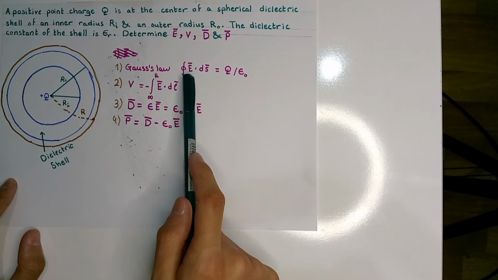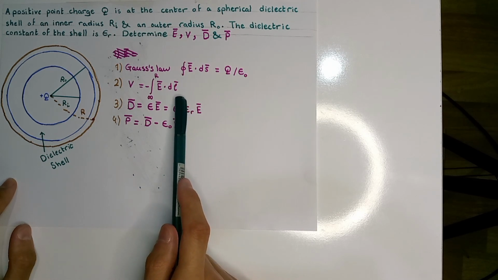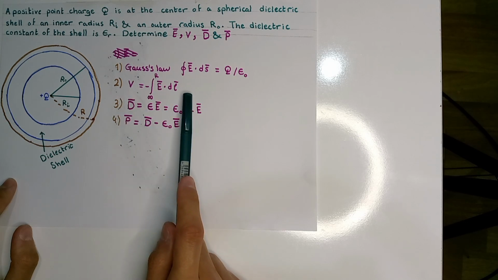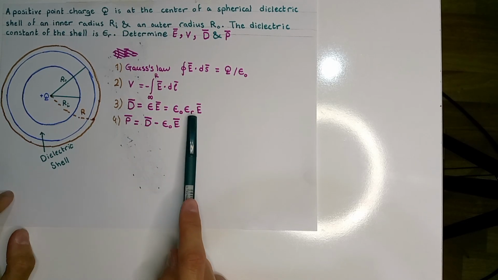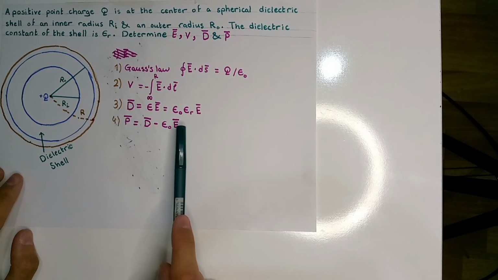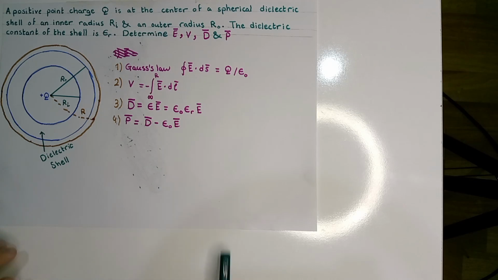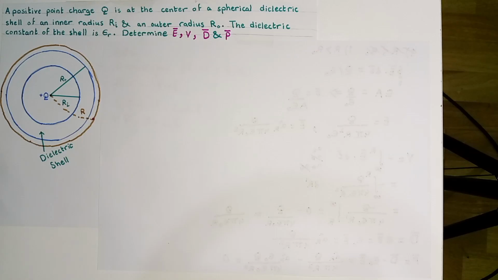This electric field, we are going to use to calculate the electric potential by using this equation, and the electric displacement by this equation, and finally the electric polarization by using both the electric displacement D and the electric field E. Let's start from this problem.